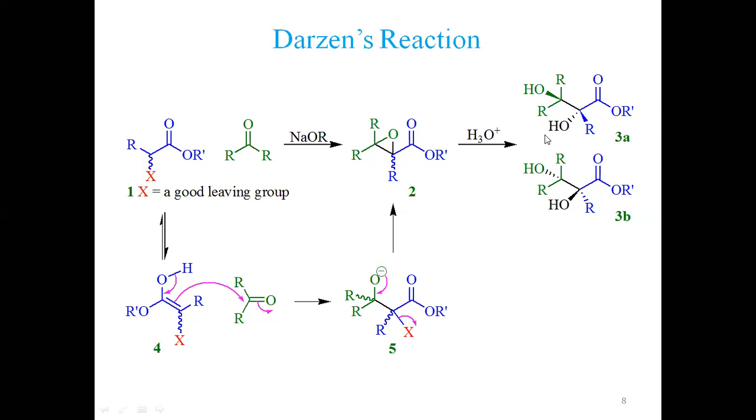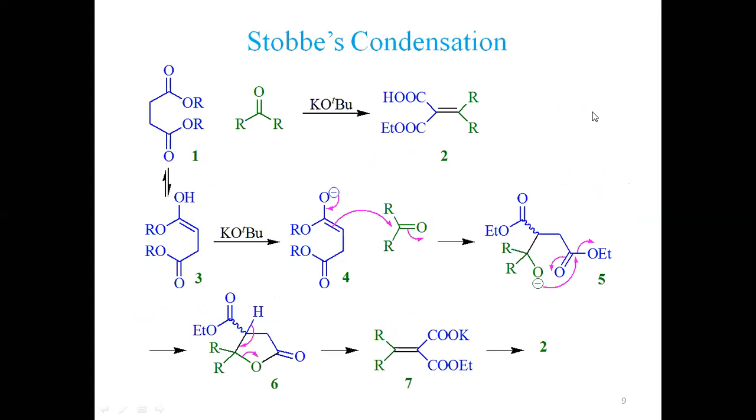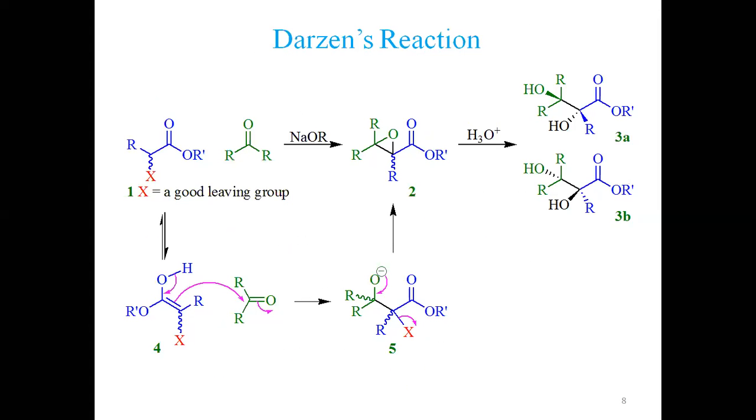Now you can see these two compounds have totally opposite configurations. So these two compounds, 3A and 3B, are enantiomers of each other. This is the variation between these two structures.